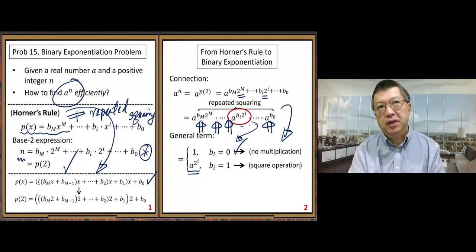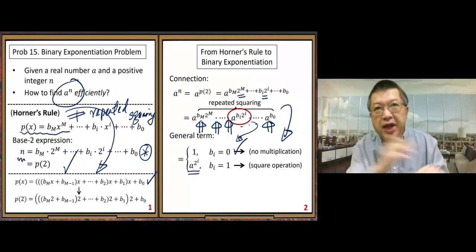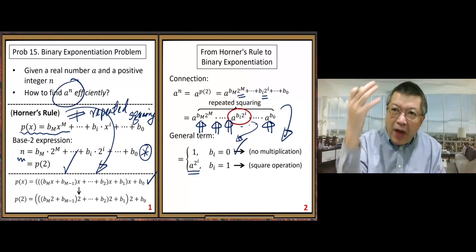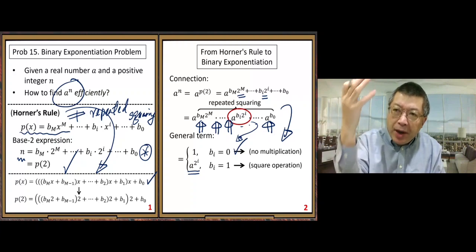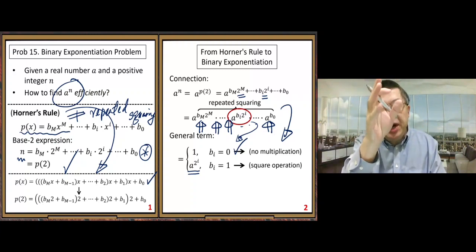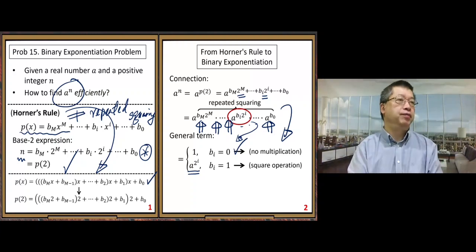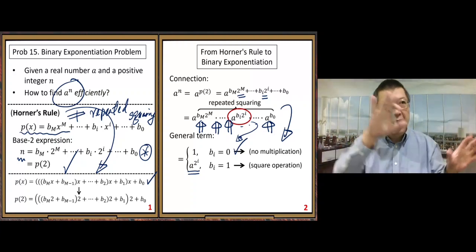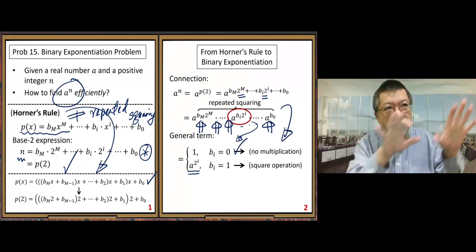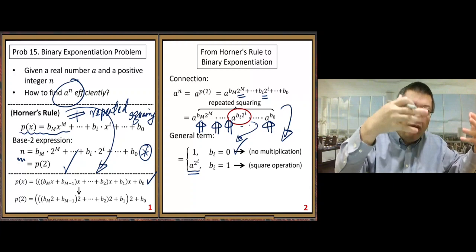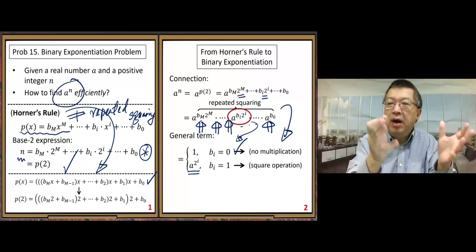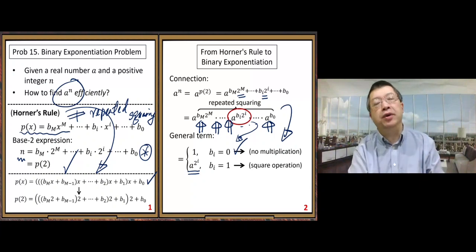To avoid that, we need to take advantage of Horner's rule. We know we can combine many terms and explore their common factors to reduce the number of multiplications. That idea is important here.